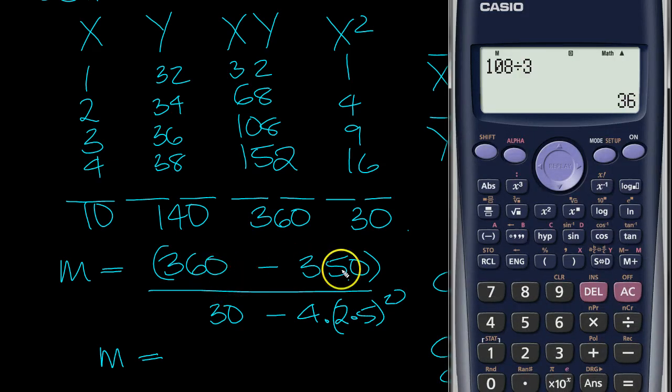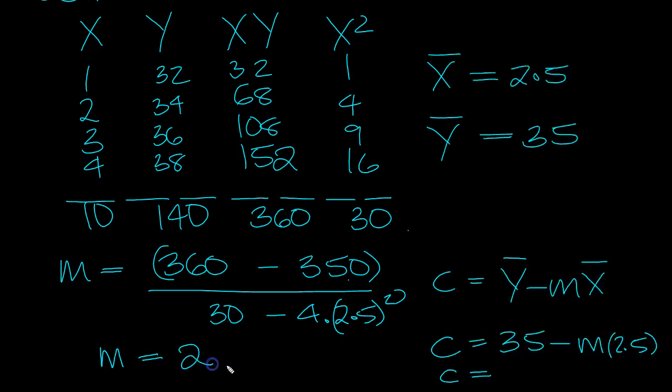Okay, so 10 that is on top, divided by 30 minus 4 times 2.5 squared underneath. So m is 2. 35 minus 5 is 30.